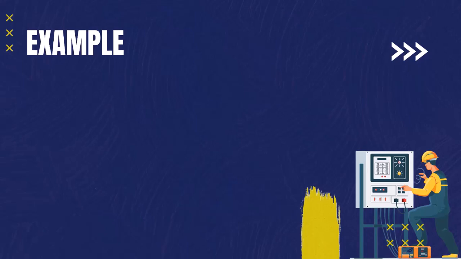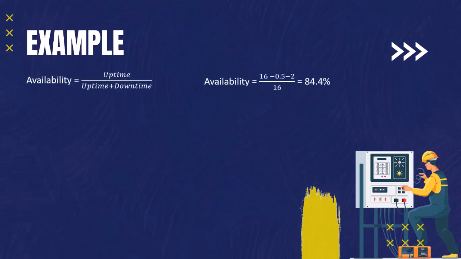Next step is to calculate the availability, and the availability is the uptime over the scheduled time, which in this case is 16 hours minus 0.5 hour for planned maintenance and 2 hours for unplanned maintenance over 16 scheduled hours. So the availability is 84.4%.